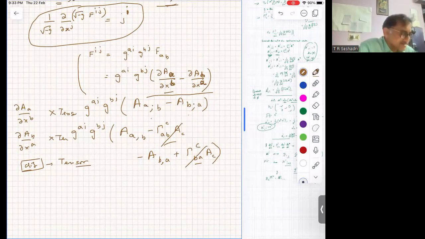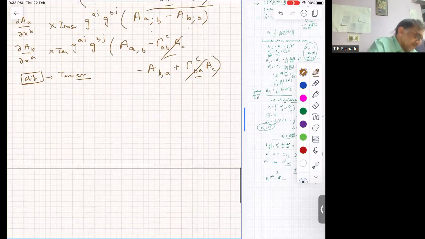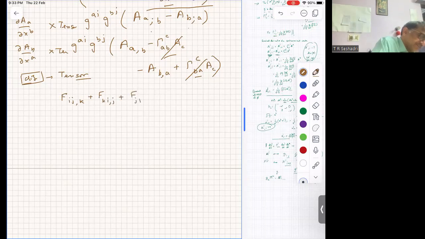So the other pair of Maxwell's equations were Fij comma K plus Fki comma J plus Fjk comma I equal to 0 in flat spacetime.